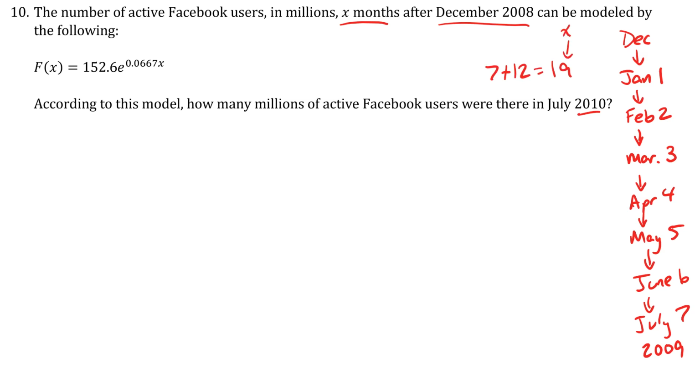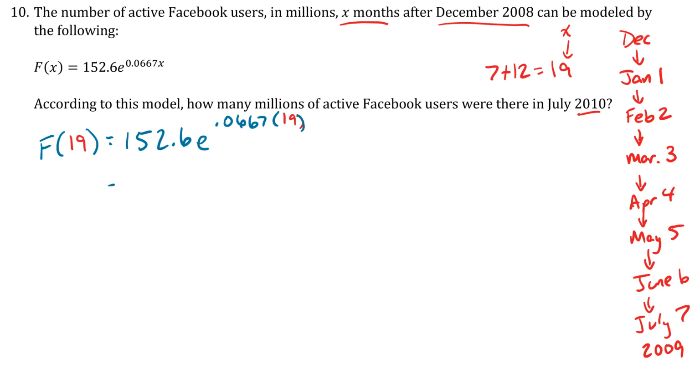So we're going to be trying to find f of 19. So it's 152.6 e to the 0.0667 times x, which we want as 19. All right, now all you have to do is plug that into your calculator.